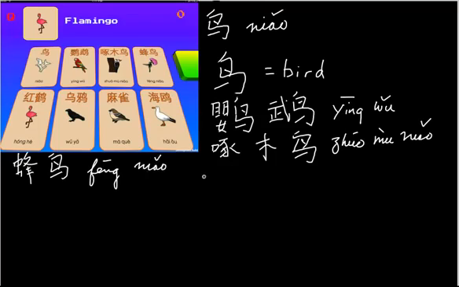And then coming right along here, to the left on this side, the first row, you see a red bird, and that's a 红鹤. Hong means red, the color red, and he.